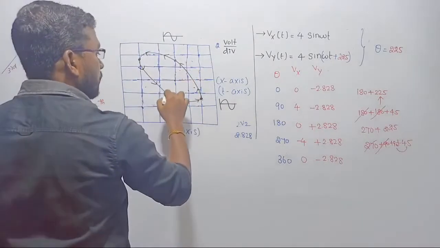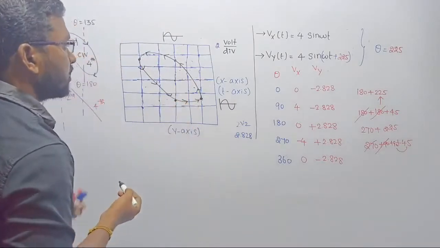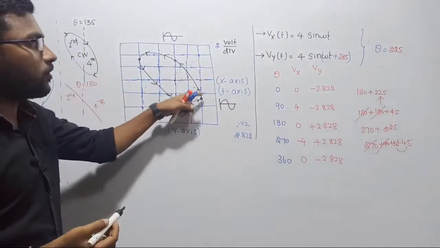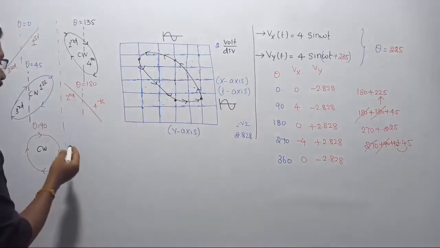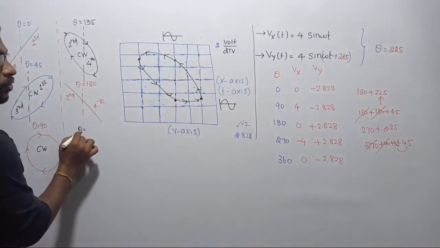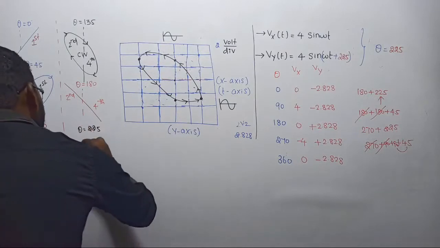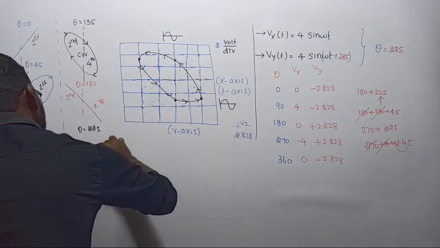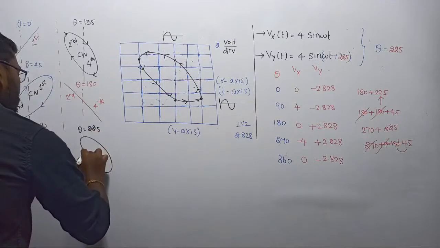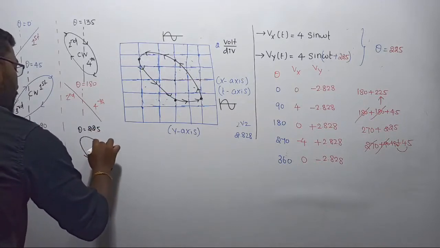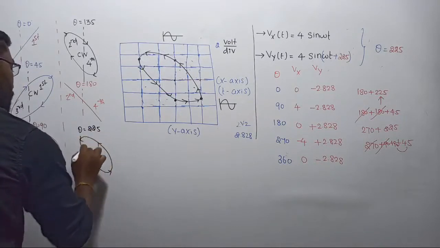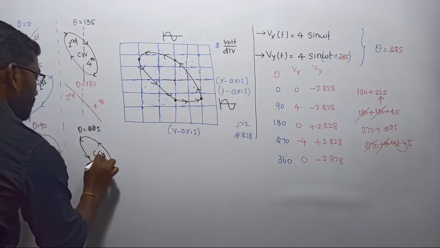So I'm just following the pattern. What type of direction is it? Still we are getting the same type of ellipse at theta equal to 225 degree. Again we are getting an ellipse, but this ellipse will be rotating in the counterclockwise direction.